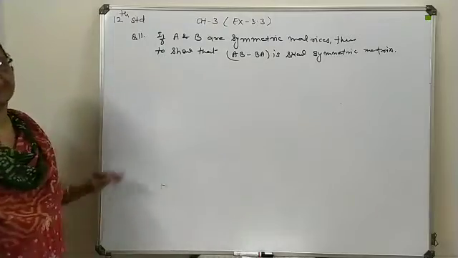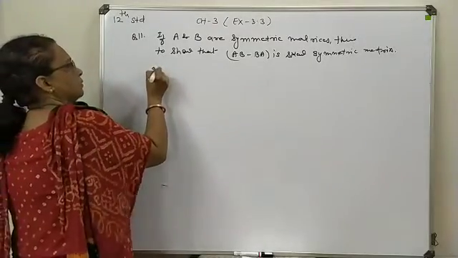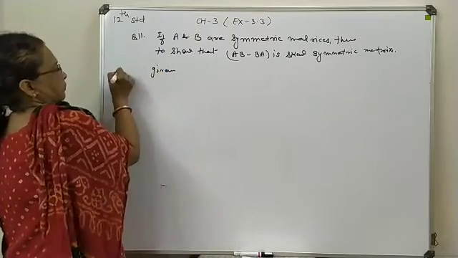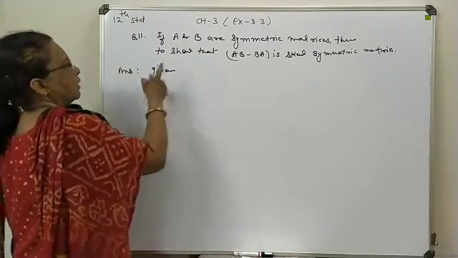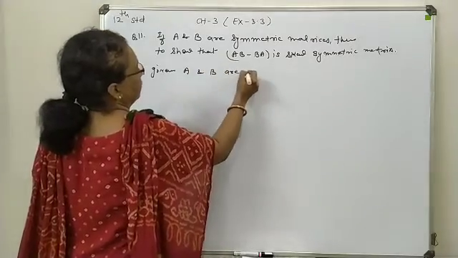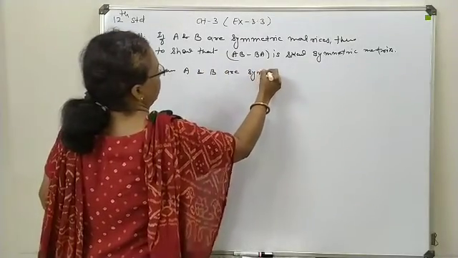Now here it is given that A and B are symmetric.